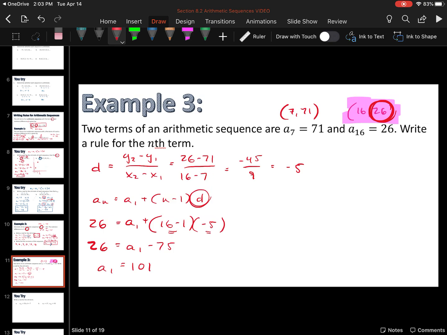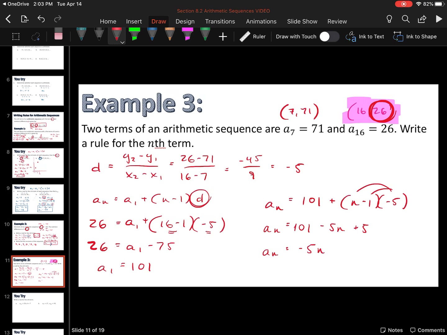Okay, so when I write out the formula, the rule for this sequence, a sub n is equal to 101 plus n minus 1, and my common difference was negative 5. Multiply this out, and then combine like terms, we'll get a sub n is equal to 101 minus 5n plus 5 when I distribute that negative 5n.